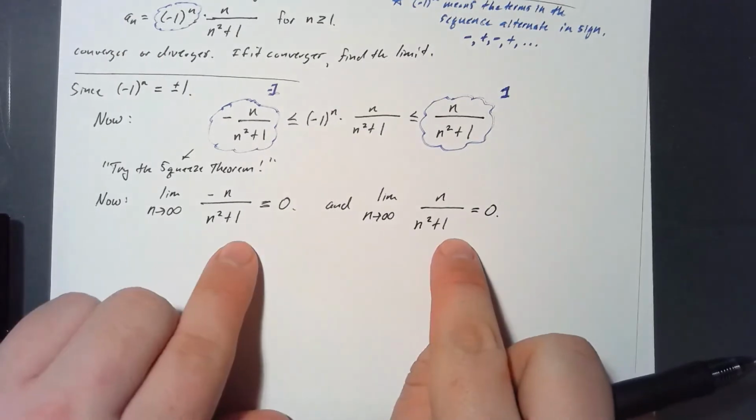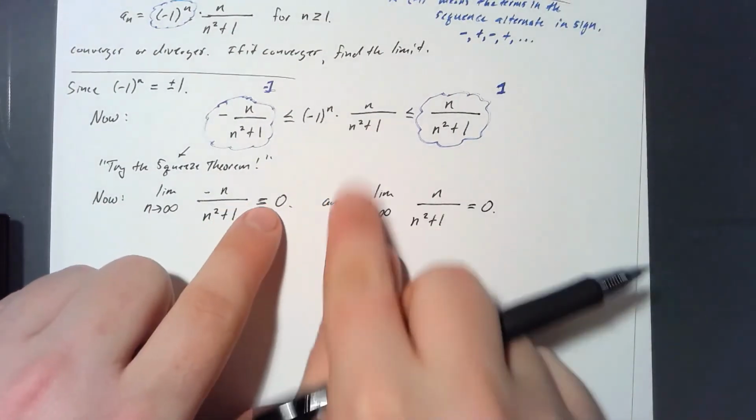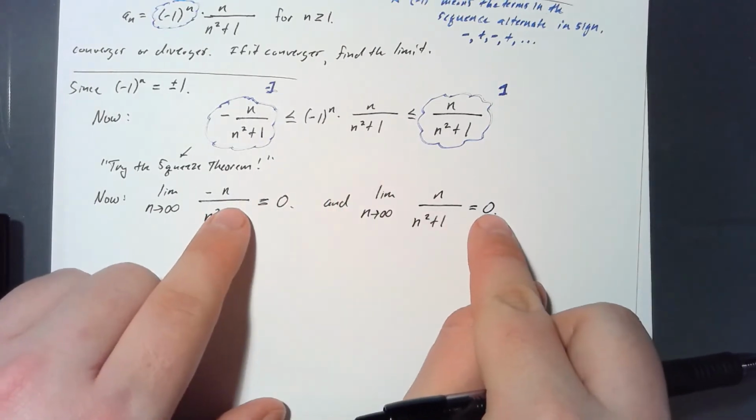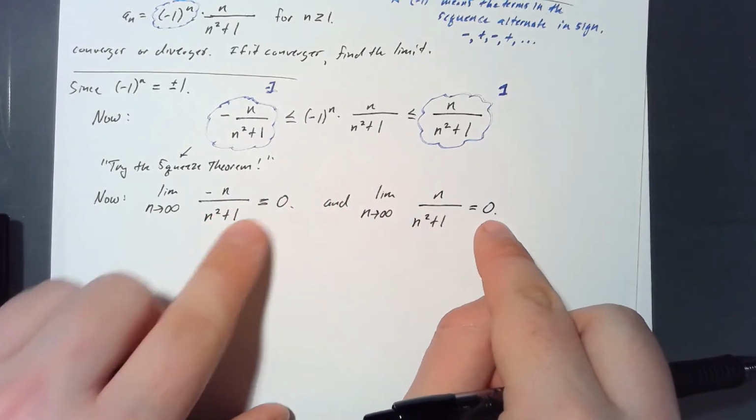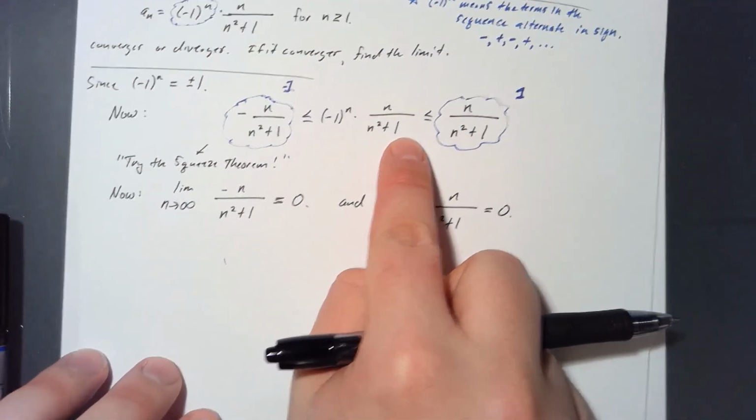So because these go to 0, what does that mean about this one? This one's caught between two functions that go to 0. So then this one is going to be trapped in between by the squeeze theorem. So this one will have to go to 0 as well.